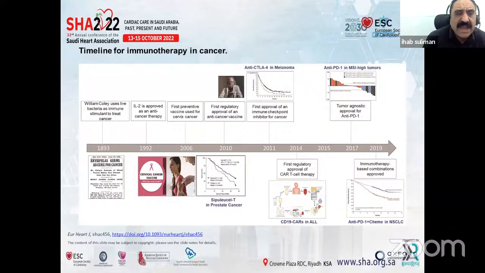Scientists were advocating to improve the immune system of the patient until the American scientist James Allison and the Japanese scientist Honjo discovered ways to have the checkpoint proteins blocked. We now have different types of immune check protein inhibitors that can be used to treat prostate cancer, melanoma and other types of cancer.